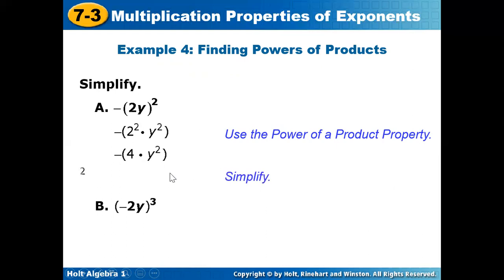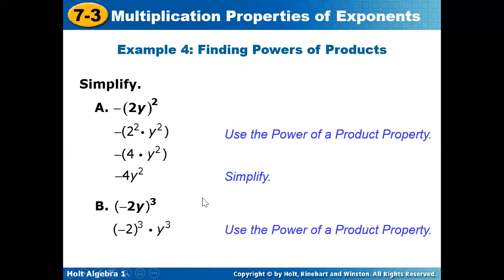So you get 4y squared, and then you add your negative sign after. Now this time the negative sign is within the parentheses. So basically this simplifies to -2 to the third power times y to the third power. -2 to the third power is -8 times y to the third.